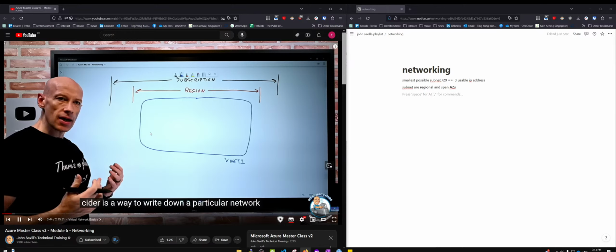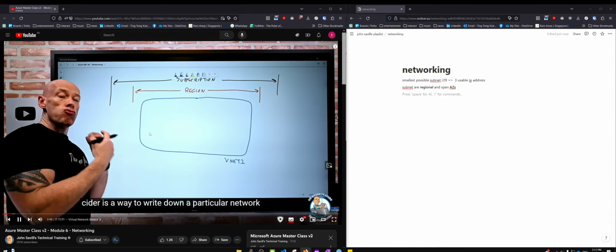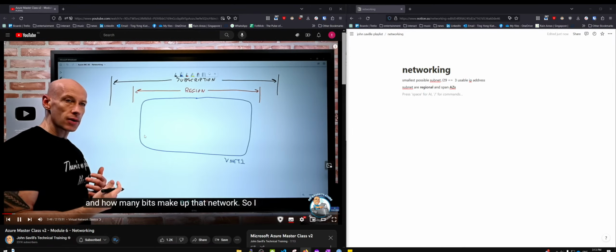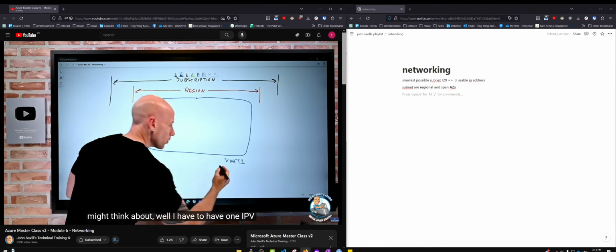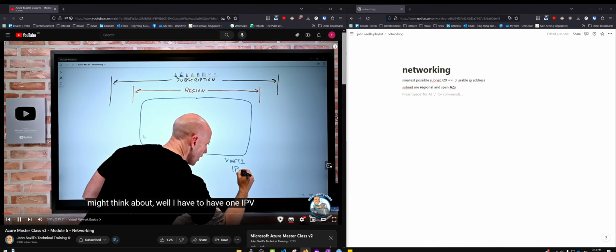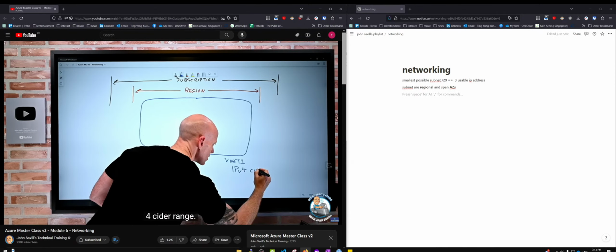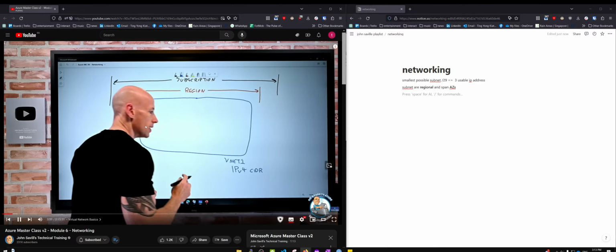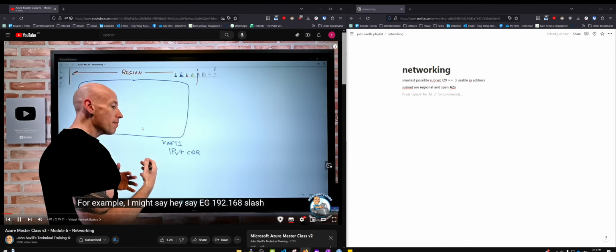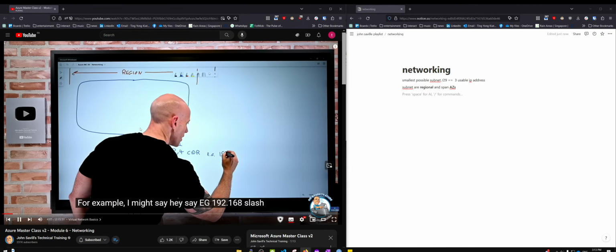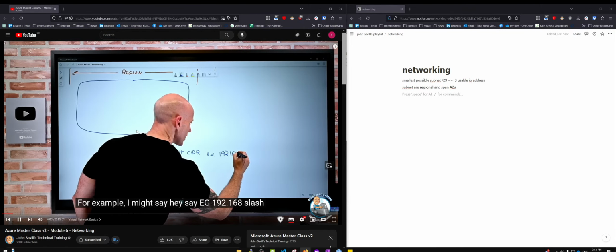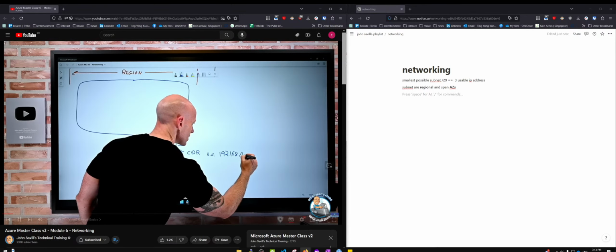A CIDR is a way to write down a particular network and how many bits make up that network. So I have to have one IPv4 CIDR range. For example, I might say, say, 192.168/16.